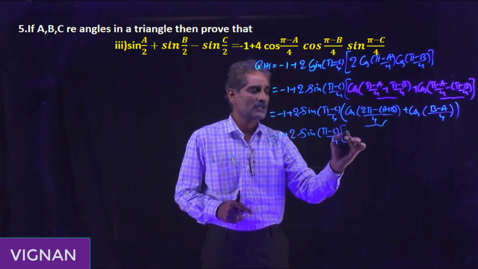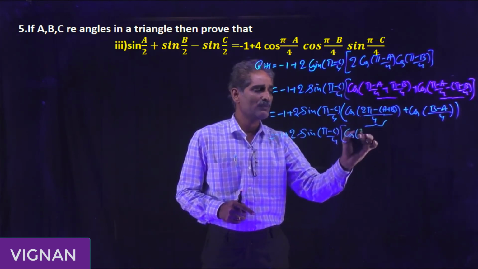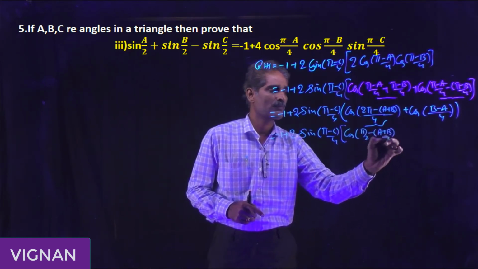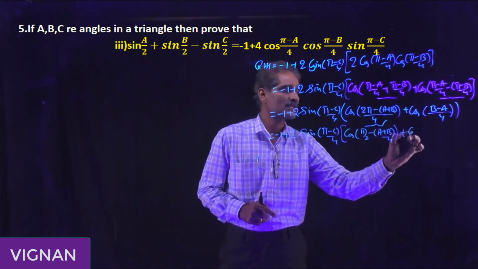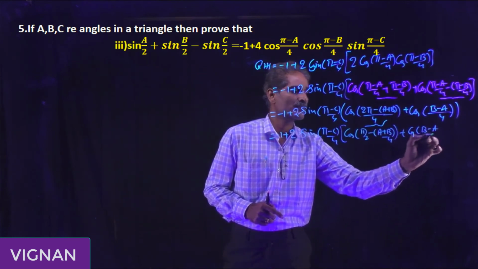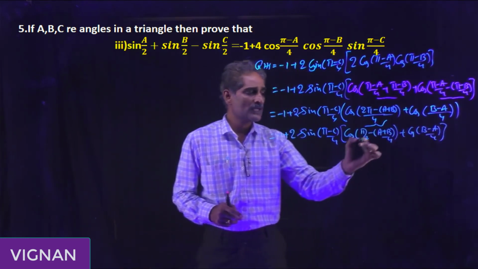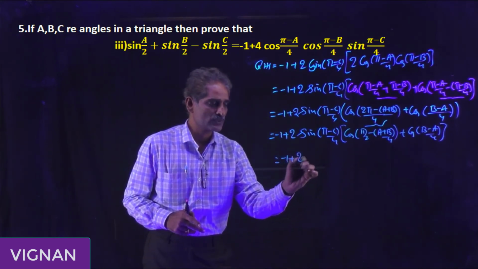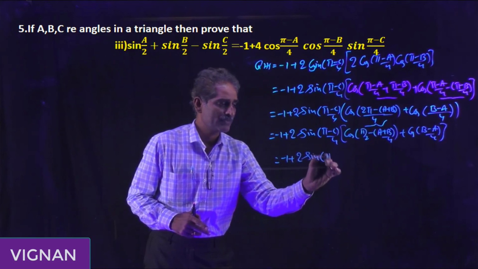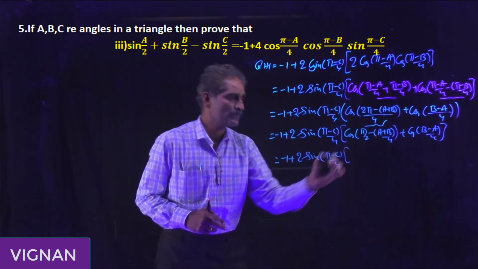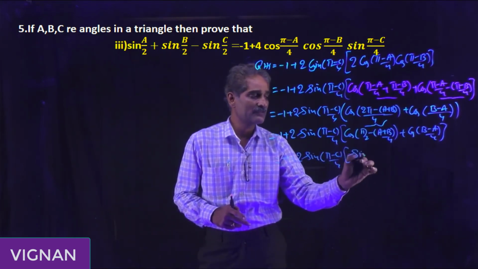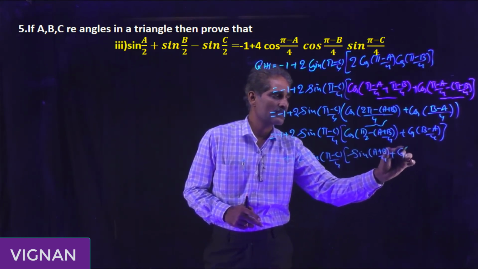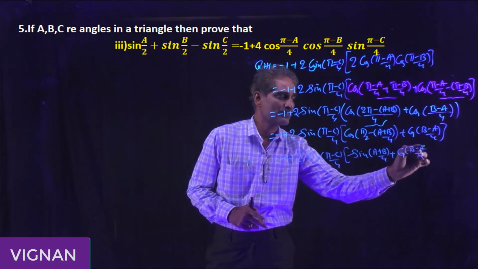That means cos of (pi by 2 minus (A plus B)/4) plus cos of (B minus A)/4. Now cos(90 minus theta) equals sin theta. We can write minus 1 plus 2 into sin of (pi minus C)/4 into sin of (A plus B)/4 plus cos of (B minus A)/4.